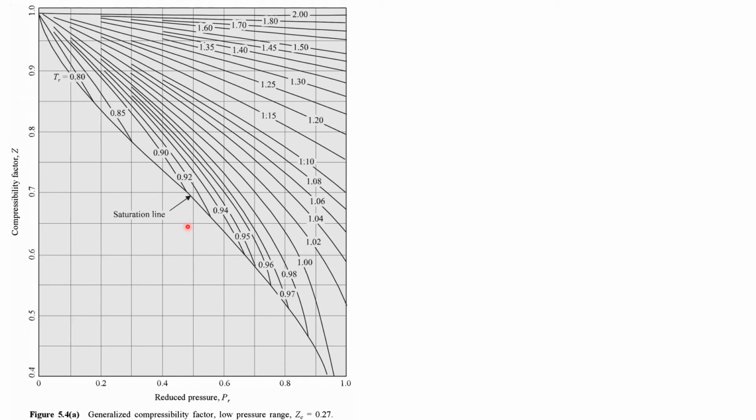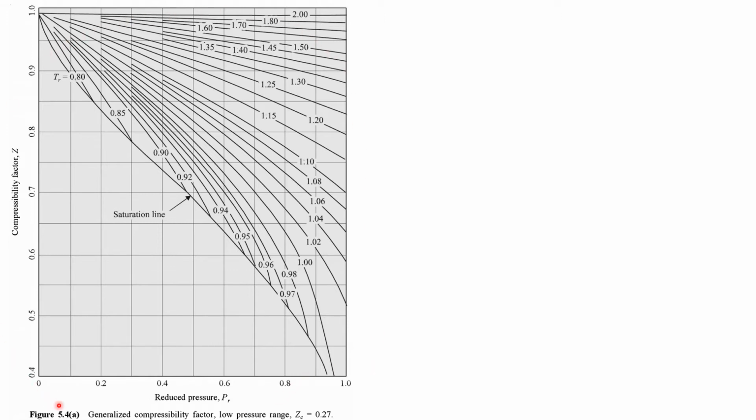Here we will see how we can read the chart. So in Lee-Kesler method, compressibility factor is expressed as a function of Tr, Pr and ZC.